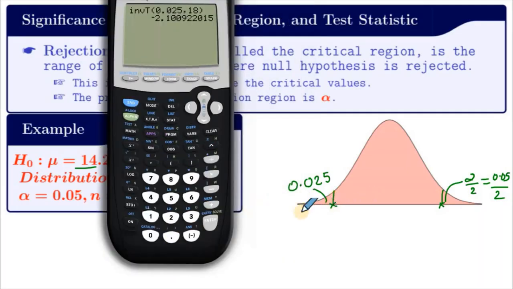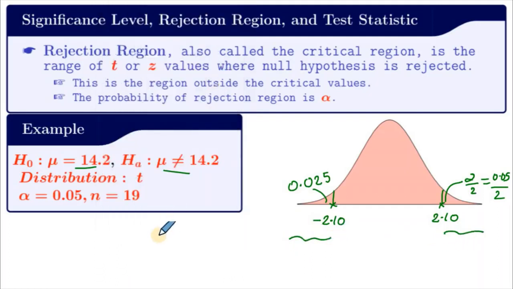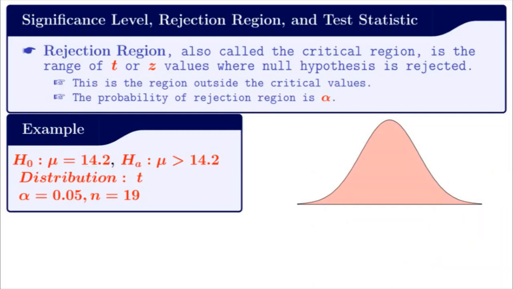So this point here is negative 2.10, and this point here is 2.10. And if we look at this diagram here, so these are the rejection region. So therefore, for rejection region, we can also write as t less than negative 2.10 and also t greater than 2.10.